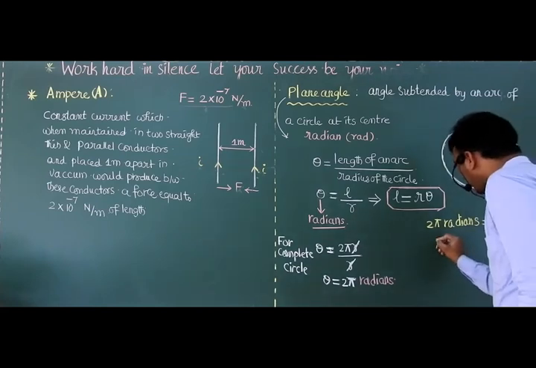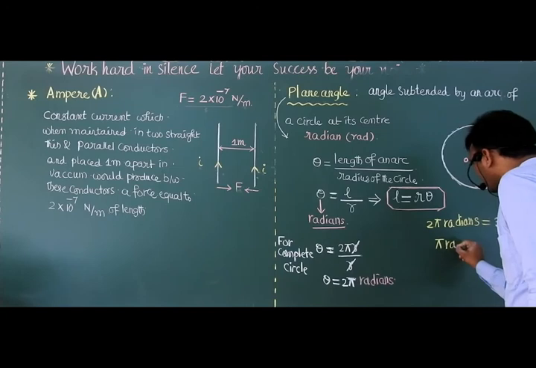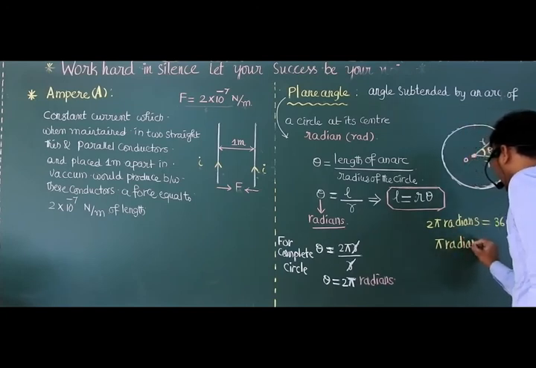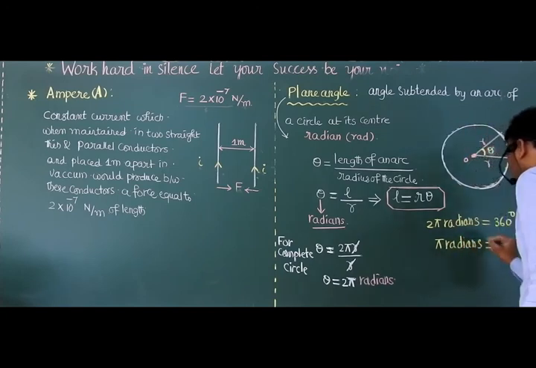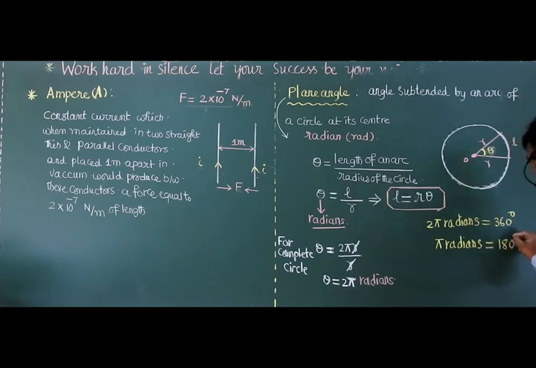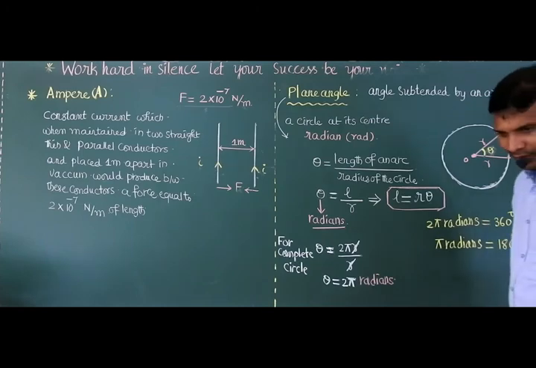Correct? Pi radians is equal to how many degrees? 180 degrees.